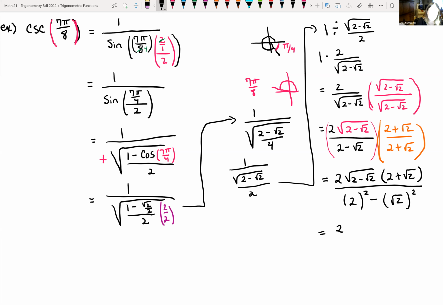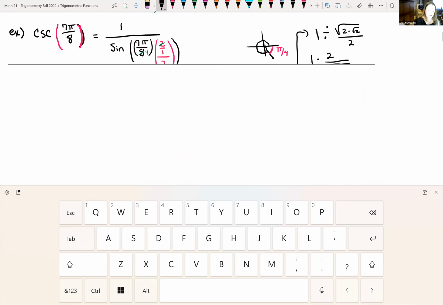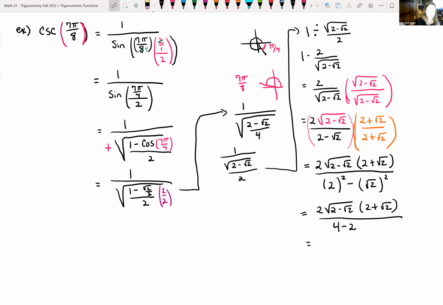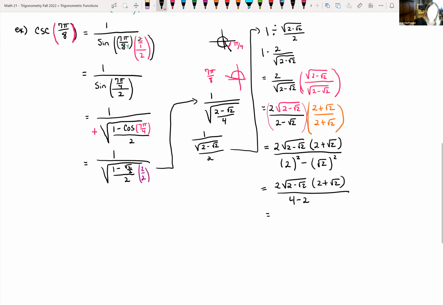So we have 2 square root 2 minus root 2, all times 2 plus root 2, all over, well, 2 squared is 4, minus root 2 squared is 2. So I notice I'm going to get a 2 in the denominator, which is going to be able to factor with that 2 in my numerator.